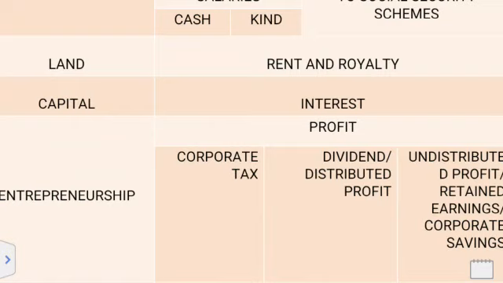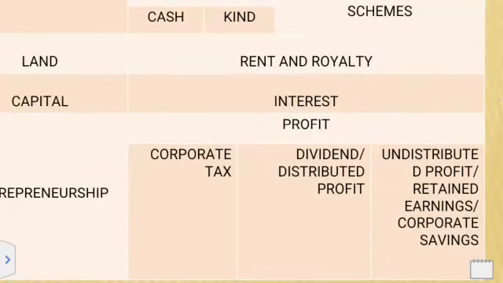Now profit itself is again divided under three heads. Whatever profit is obtained, a part of it is paid in the form of tax, that is called corporate tax, and a part of profit constitutes the dividend or distributed profit. Out of the profit, the company or the enterprise distributes a part of it among its shareholders, and that part constitutes the dividend.